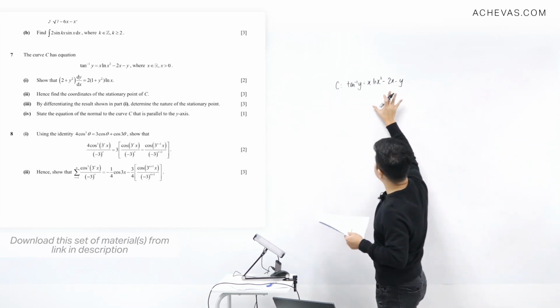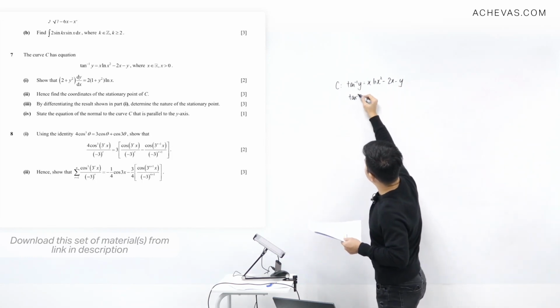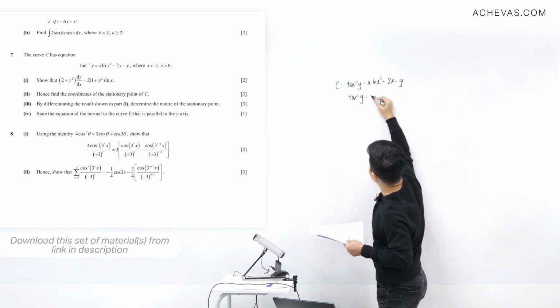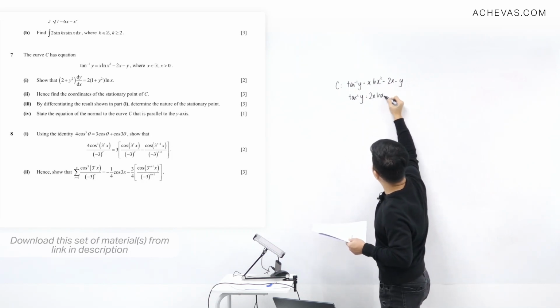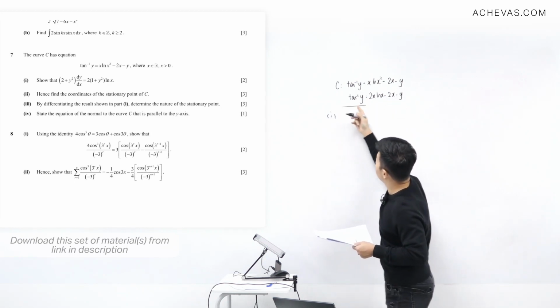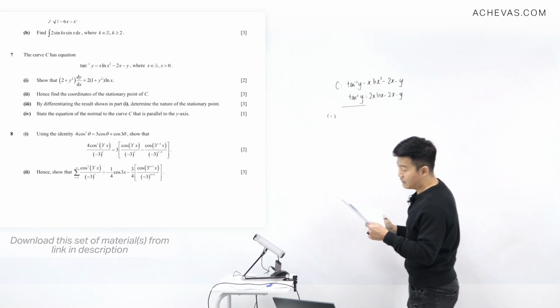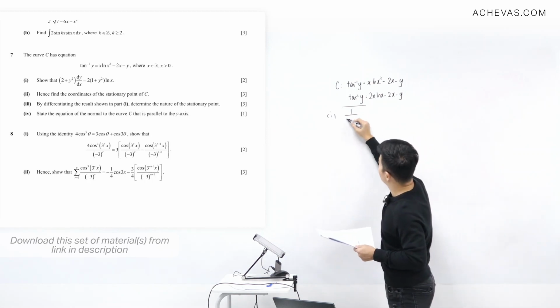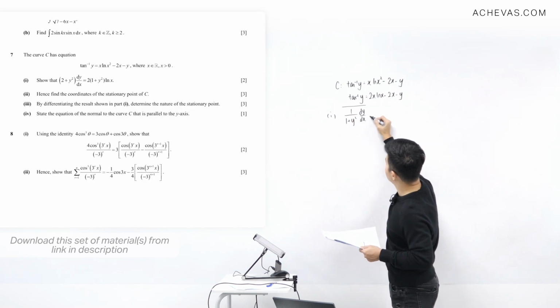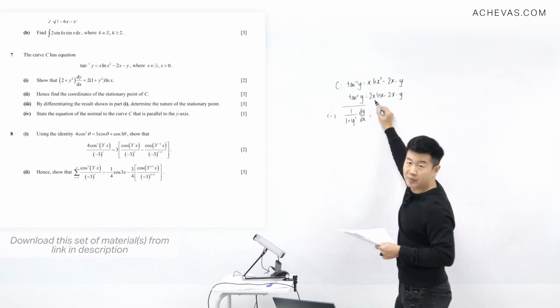But before that, let me manipulate this a little bit by bringing down the 2. So it's going to be 2x ln x minus 2x minus y. Differentiating this with respect to x: on the left-hand side, I'm going to get 1 over 1 plus y squared, with implicit differentiation. On the right-hand side, I'm going to apply the product rule.